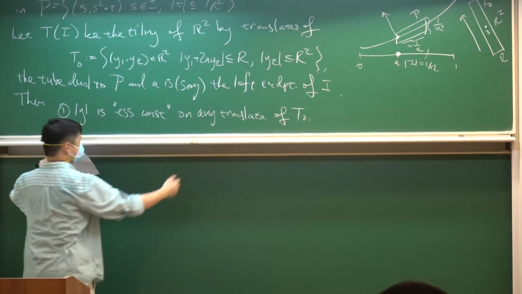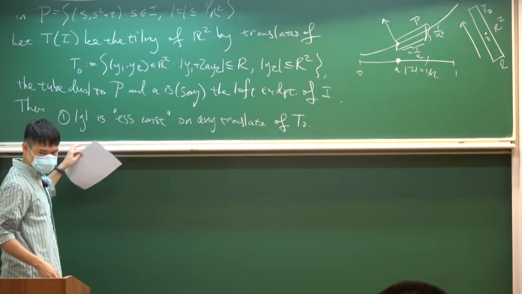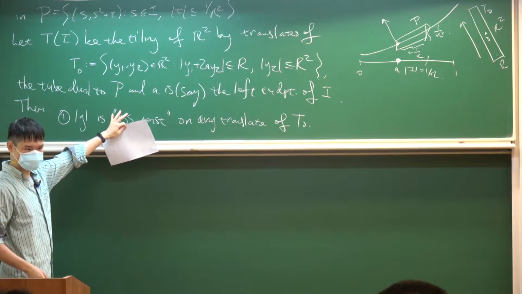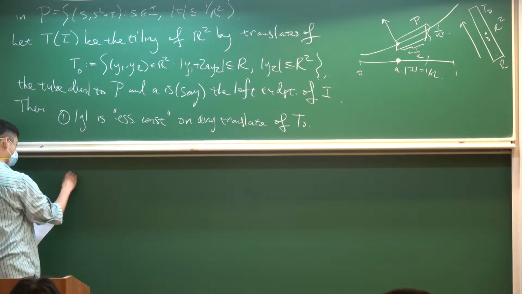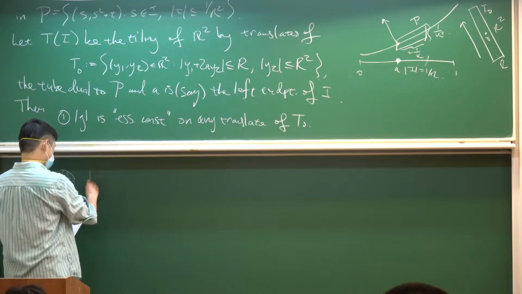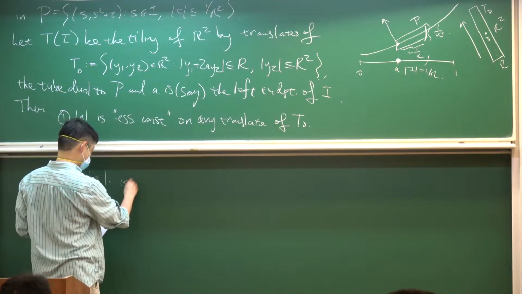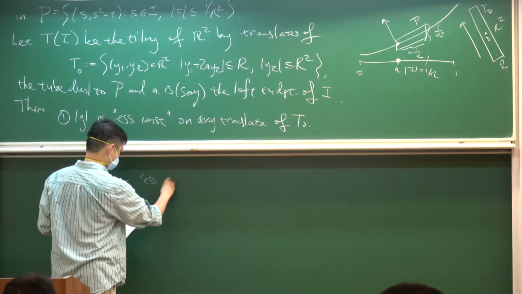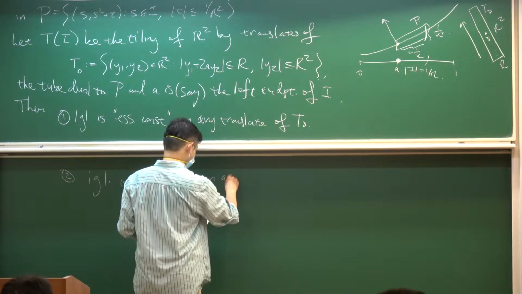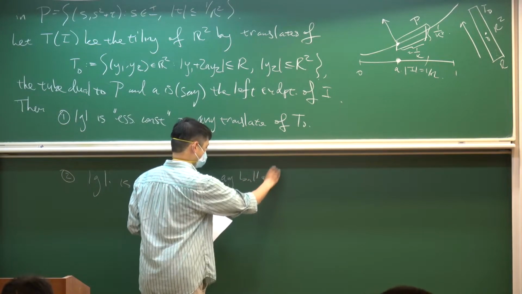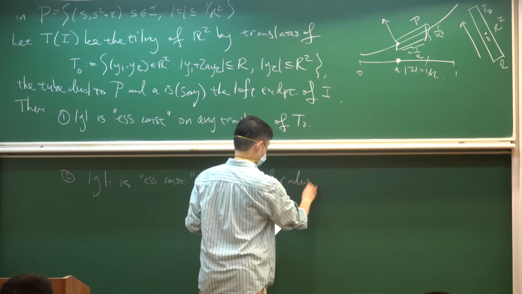Of course, if you work in Q_p rather than R, this essentially constant is really rigorously true. It's actually constant. This is using the phase heuristic. Two: the absolute value of g is essentially constant on any ball of radius r.